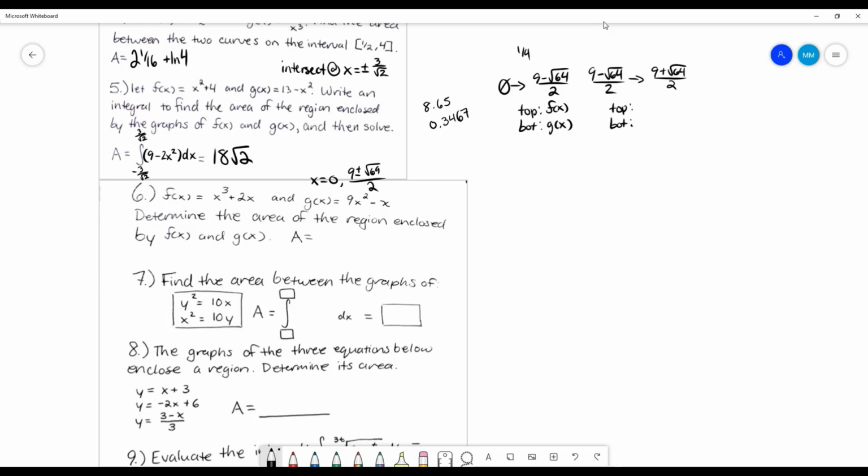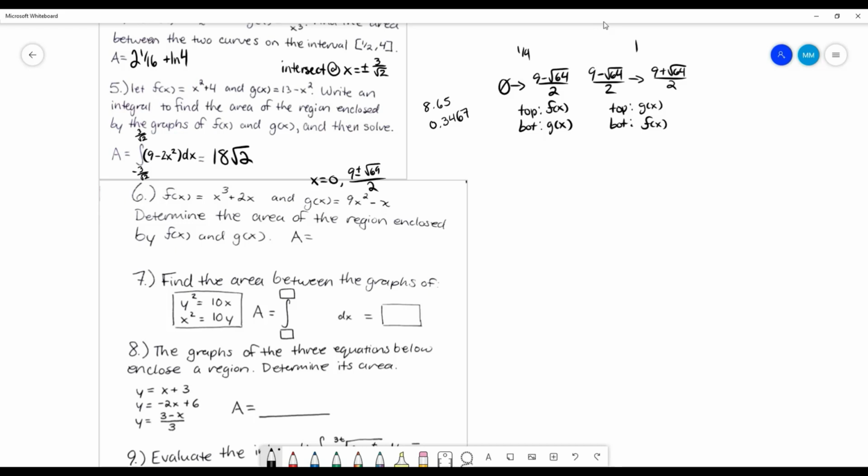So something in between here and here. Nice easy numbers, maybe 2. Could actually even just use 1. So if I plug in f of 1, that's going to be 1 plus 2, which is 3. If I plug in g of 1, that's going to be 9 minus 1, which is 8. So my top function here is g of x, and my bottom function is f of x. And now we just have to do our integrals.